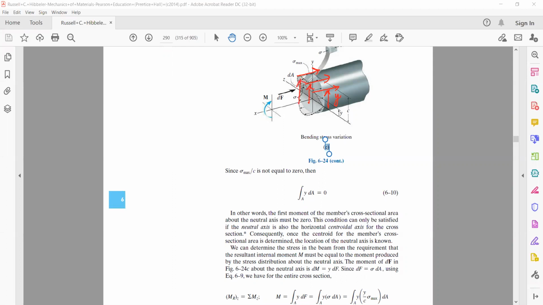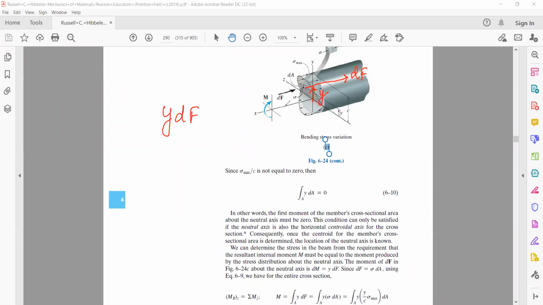Let me take this dF. How much is the moment of this dF about the z-axis? Because this is the force arm. dF is acting in this direction. This is the distance from the neutral plane. Therefore the moment of this force will be equal to y dF.